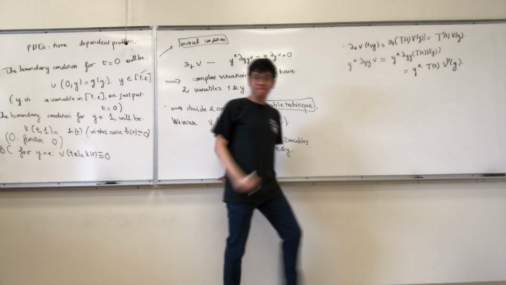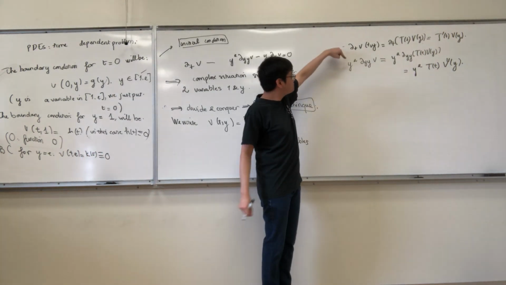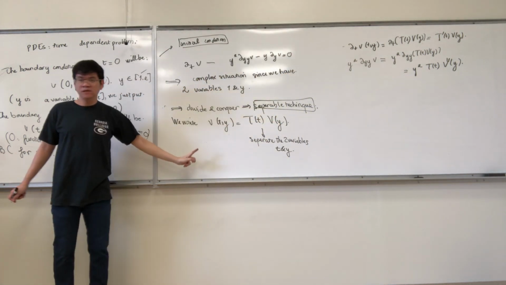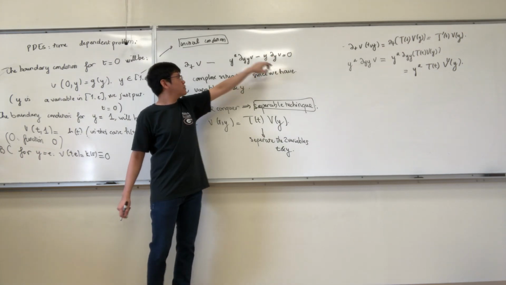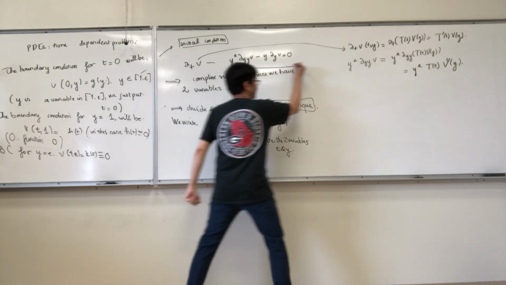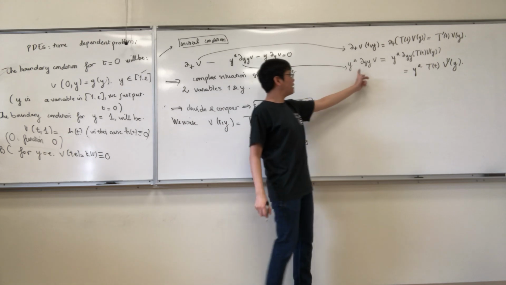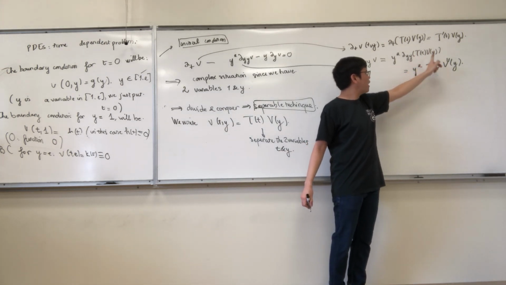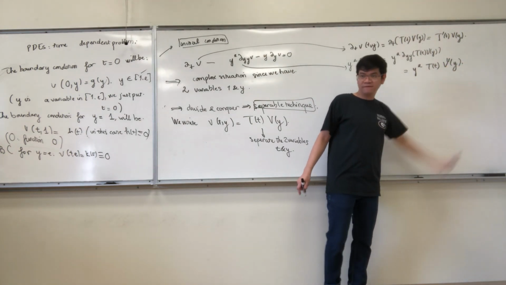Let me explain again. I'm going to plug this form into all of the formulas that I have here. So dt of v will be this, and y squared d_yy of v will be y squared T V second of y.